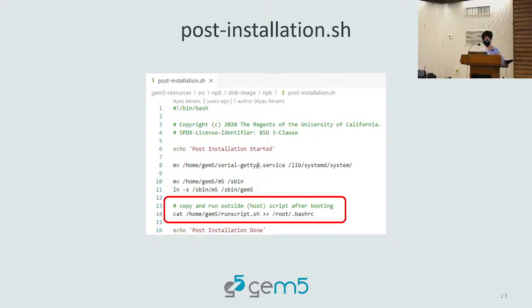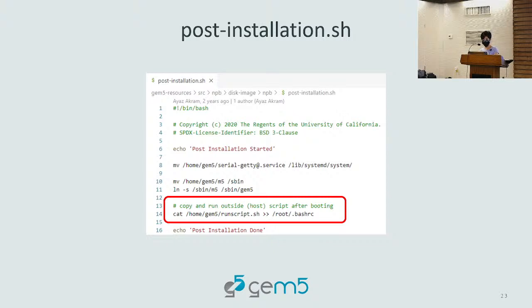on the disk image. So it first moves the serial getty service file into another directory, which is for systemd. So it allows systemd, once it's executed, to execute serial getty, allowing the root to log in.